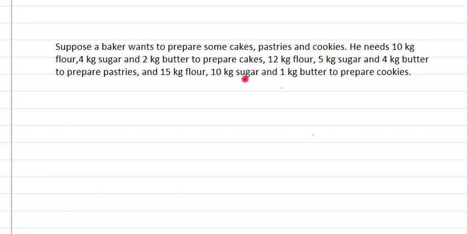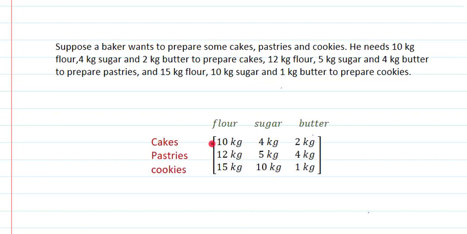Yes, let us try to write this information in another way. Here is one of the ways in front of you. Instead of writing it in words, let us write this in the form of a table. Here we have written cakes, pastries, cookies horizontally, and here vertically we have written the amount of flour, amount of sugar and amount of butter.